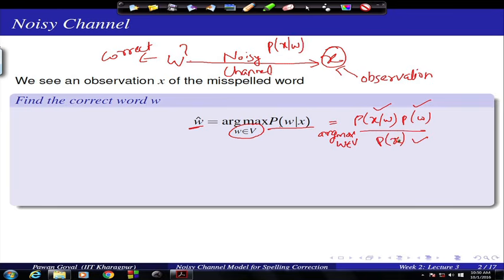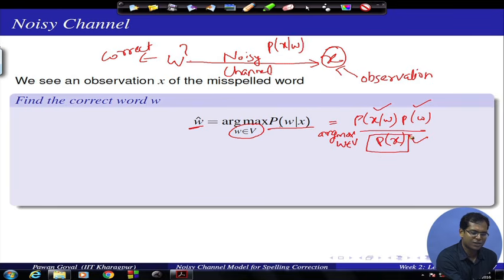You see, the probability P(X) remains constant across all the words, so it will not matter to my decision of which one is having the highest probability, because this will simply depend on this particular multiplication. So I can as well remove P(X) and keep my argmax, okay, and that's how we actually use it.